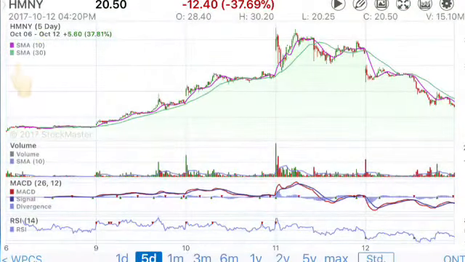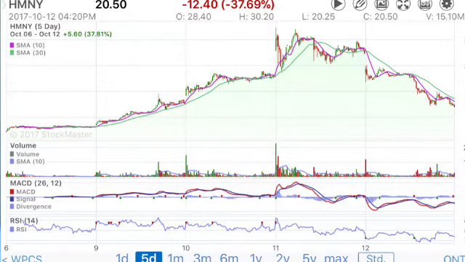Now below that one, you can see that little green SMA 30. On the 5-day chart, you see that little green line. For me, I want that purple line to stay above the green line all the time.